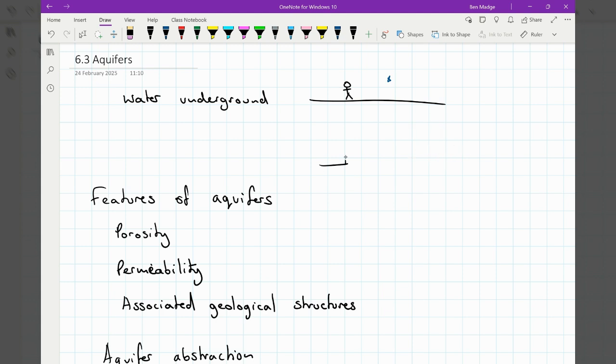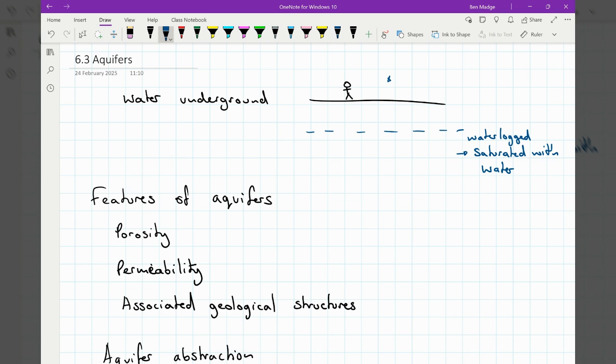Under your feet, there is a water table. So if you dig down and down, you reach a point at which the underlying rock and soil is all waterlogged, which means it is saturated with water.